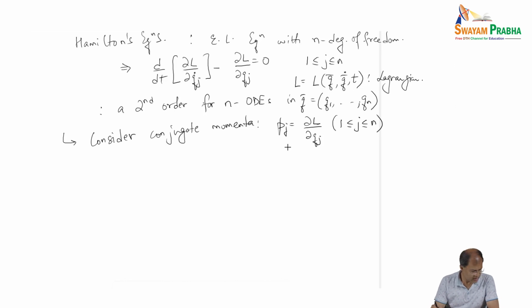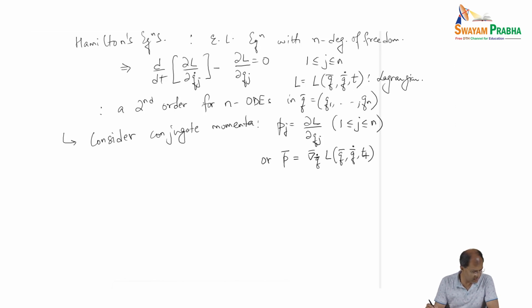We can also rewrite this in vector notation: vector p is grad with respect to q dot of L(q, q dot, t).